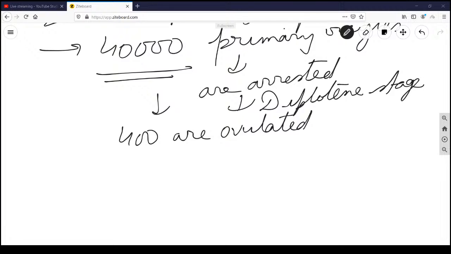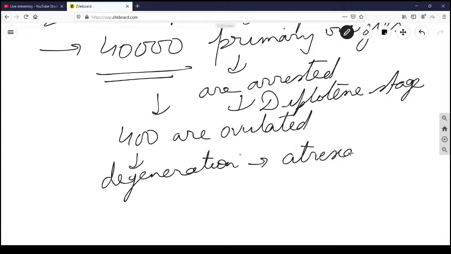Some of them can proceed in the growth, but they do undergo degeneration. That degeneration process is known as atresia. Atresia is asked in the NEET examination. It is nothing but degeneration of the primary oocytes.